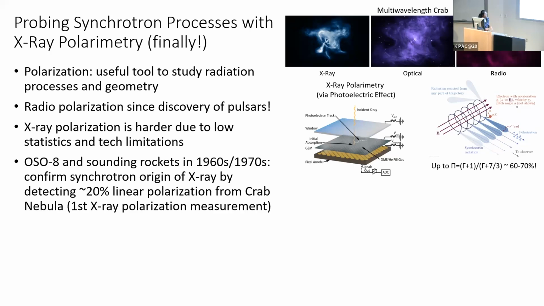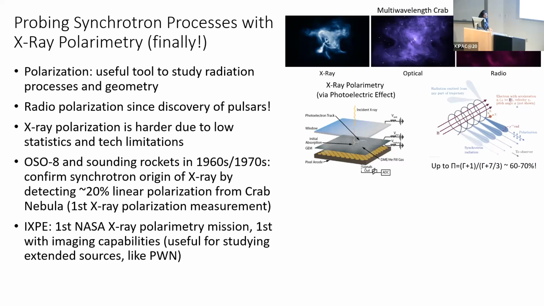In the 1960s and 70s, we made our first X-ray polarization measurement of the Crab Nebula, detecting around 20% linear polarization, which confirms the synchrotron origin of the X-rays. Now, in December of 2021, we launched IXPE, NASA's first X-ray polarimetry mission with imaging capabilities.